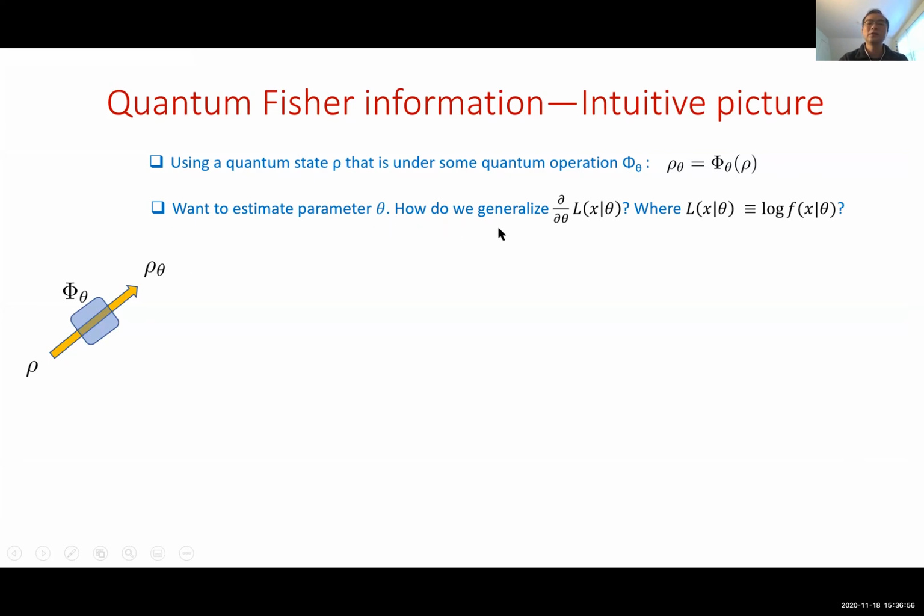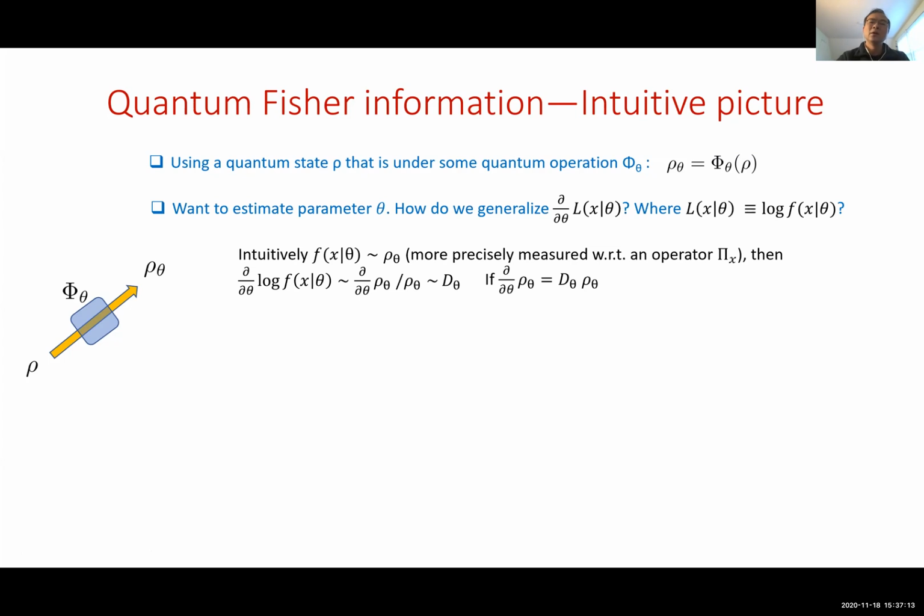First we have to ask, because there is this log likelihood function L, how do we generate this? Remember the L is the log of the distribution. So how do we generate that? More precisely, it comes from some measurement.